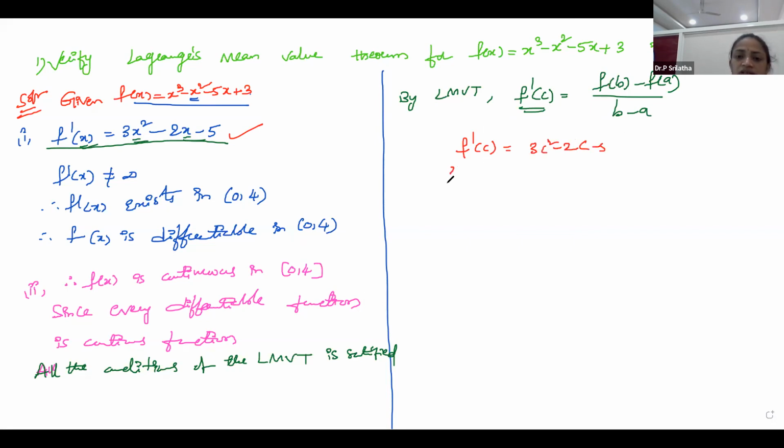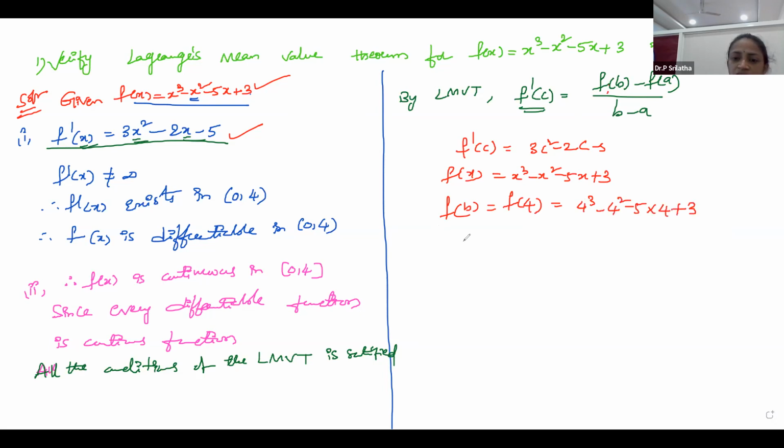Now we have f of x equal to x cube minus x square minus 5x plus 3, right? So we have to find f of A and f of B. What is f of B? B is 4, so f of 4 equals 4 cube minus 4 square minus 5 into 4 plus 3.